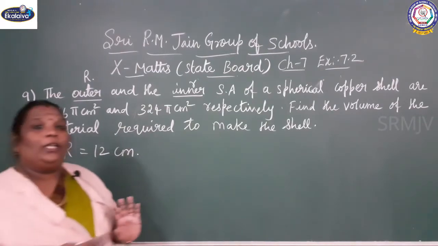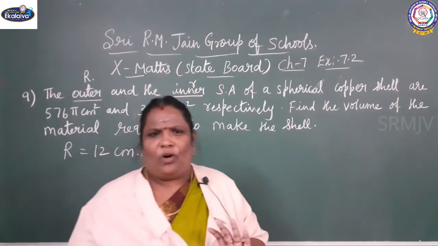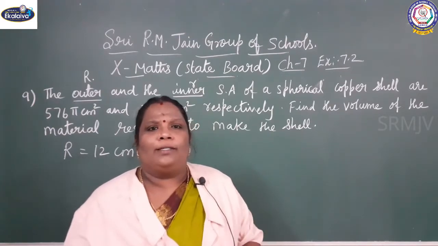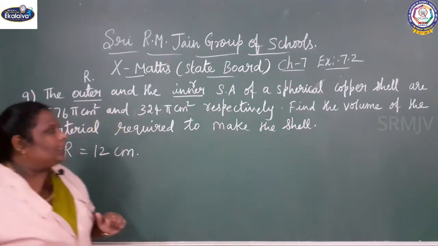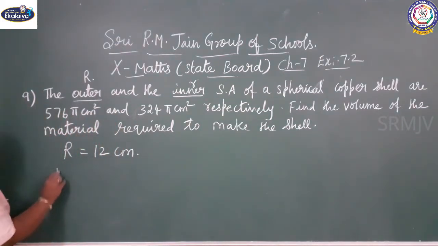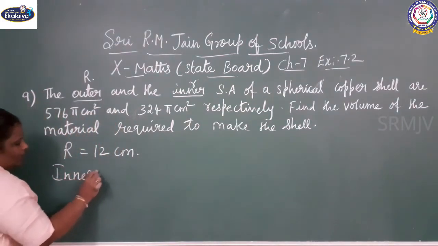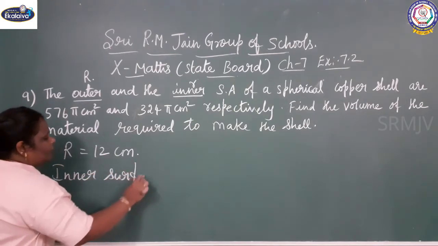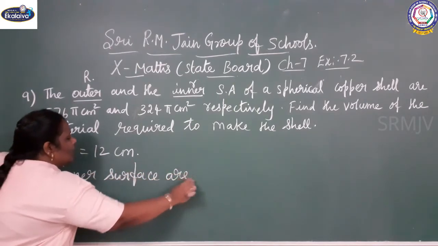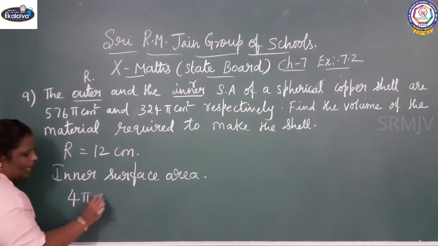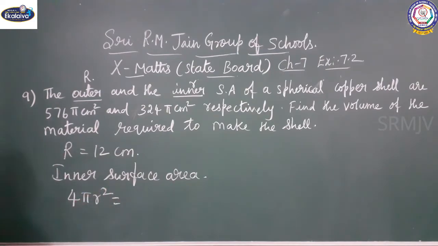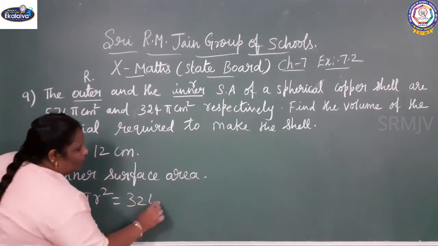Then we move on to the inner surface area. The same formula we apply here: 4 pi r square, but here r is what? Small r. Inner surface area equal to 4 pi r square, small r square equal to 324 pi centimeter square.